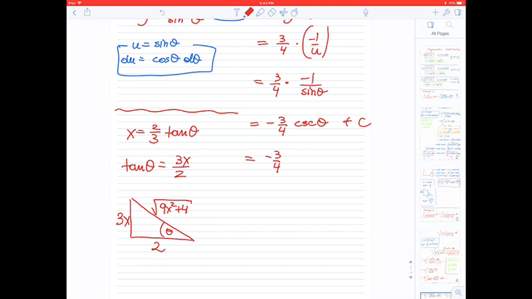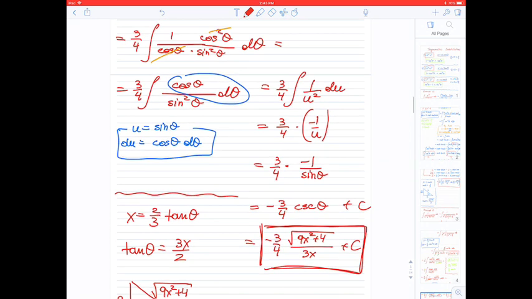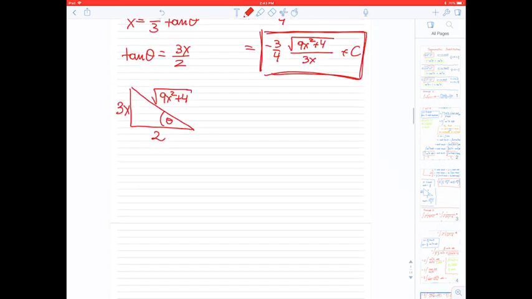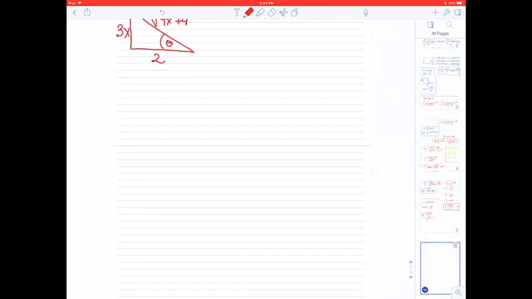That means this will be square root of 9x squared plus 4 over 3x. And that's the final answer. I have a few challenge problems, but this is just additional problems for you to practice. Okay, and let's do one more.